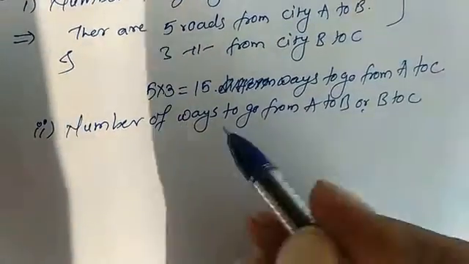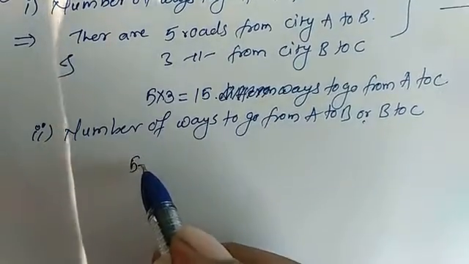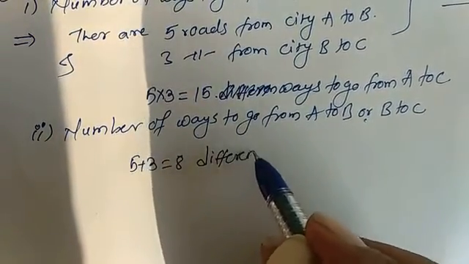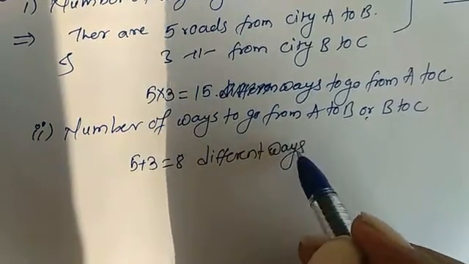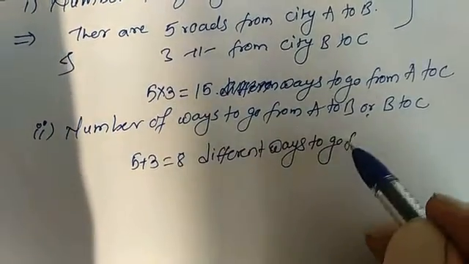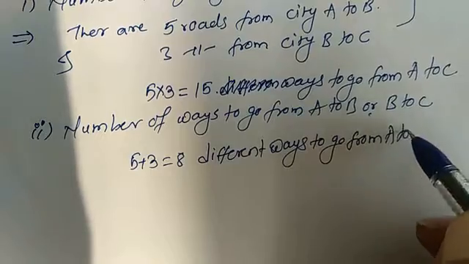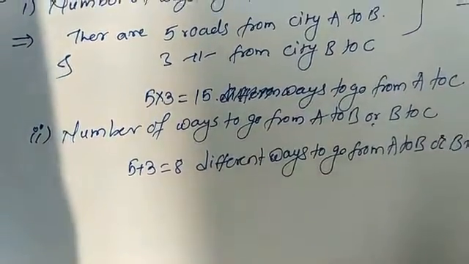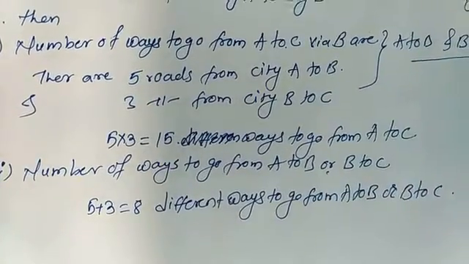So here it will be 5 plus 3 is equal to 8 different ways to go from A to B or B to C, okay, which is our required solution.